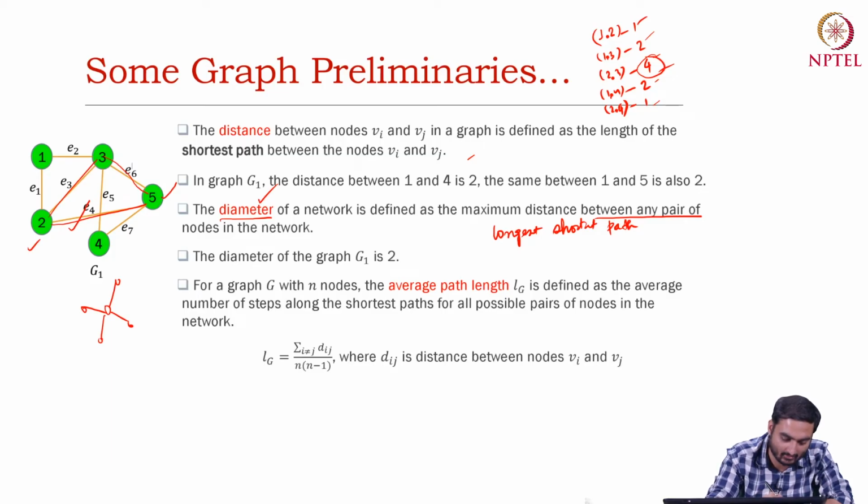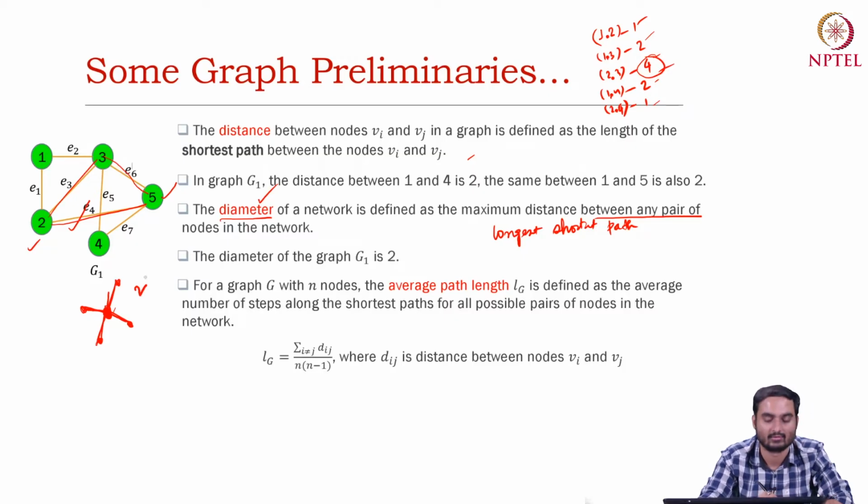If the diameter is small, you can think of it as a network like a star, because in a star network you see that all these peripheral nodes have shortest path 2, because from here to here you need to traverse through this particular node, right? So most of the pairs of nodes have shortest path of 2, but from this node the shortest path is 1. So the diameter is 2, right?